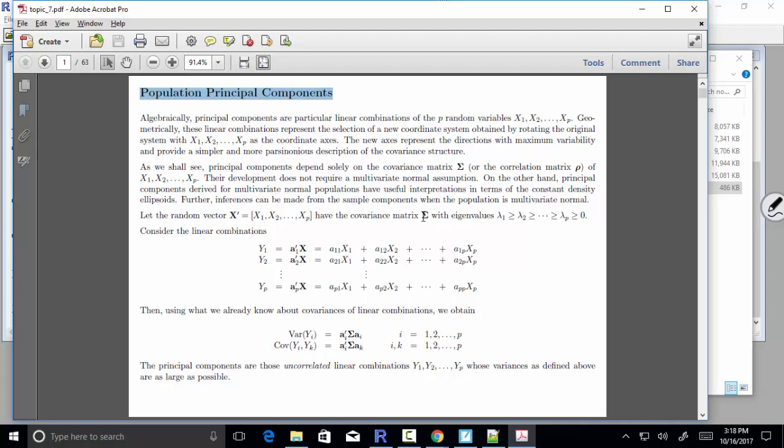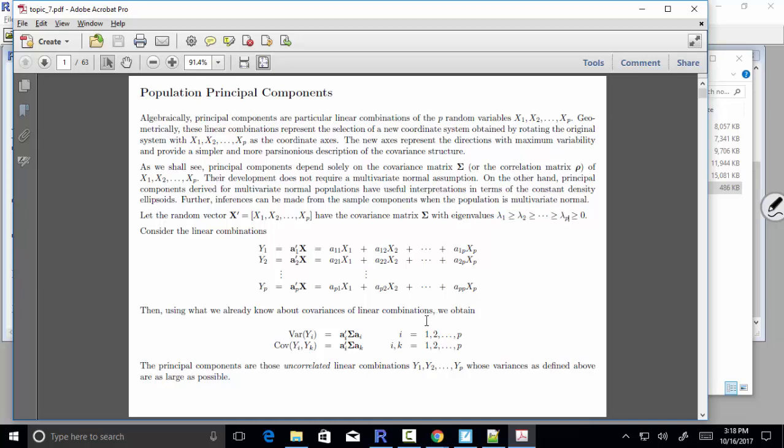There is a covariance matrix in the population. That's a population parameter, sigma. Sigma has eigenvalues. We'll call them lambdas. Remember, there's p lambdas. If there's p variables, there's p eigenvalue-eigenvector pairs.